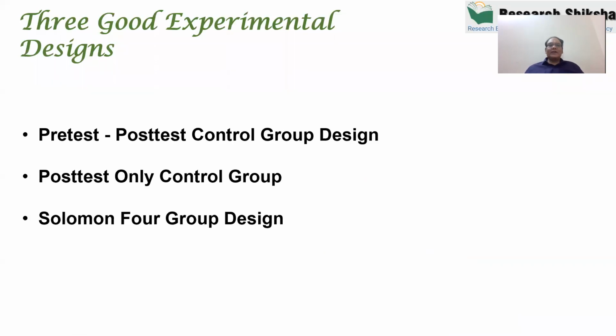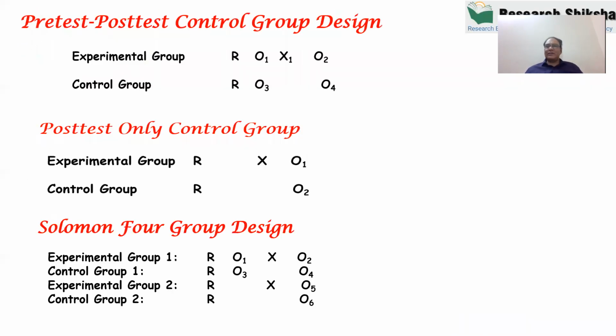Now, after that, we have 3 more designs. I am showing you the most popular designs in experimental research. In this design, first of all, you take a random selection of the experimental group and a random selection of the control group. Then you take the measurement of the experimental group and the measurement of the control group. And you want to confirm that O1 should be equal to O3. Why should O1 be equal to O3? Because initially they should be the same.